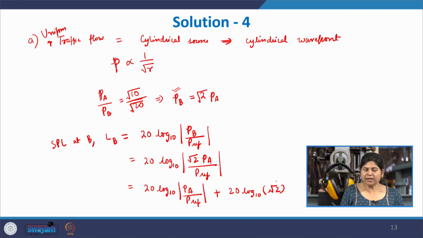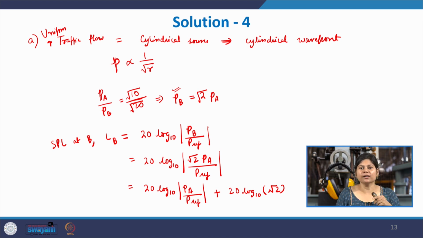Now, if you remember in the previous sessions, whenever we were discussing the spherical wavefront, whenever you double the distance, the SPL reduces by 6 decibels, and the SPL increases by 6 decibels as you halve the distance.